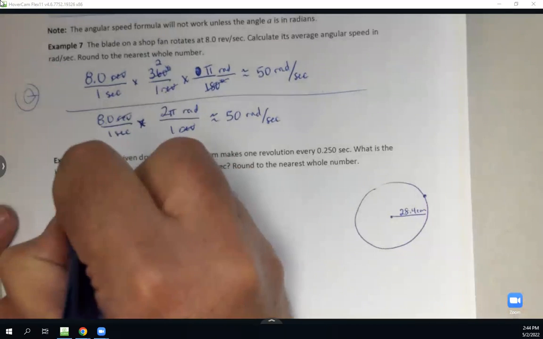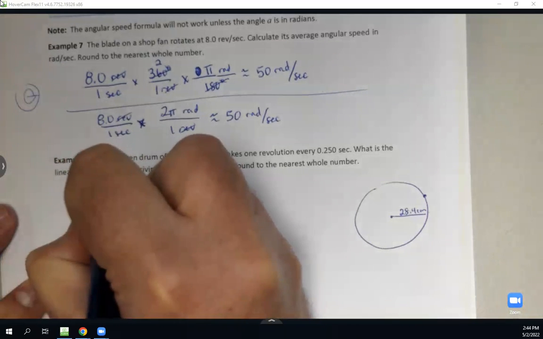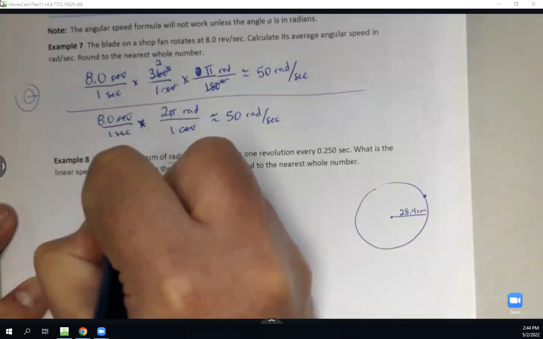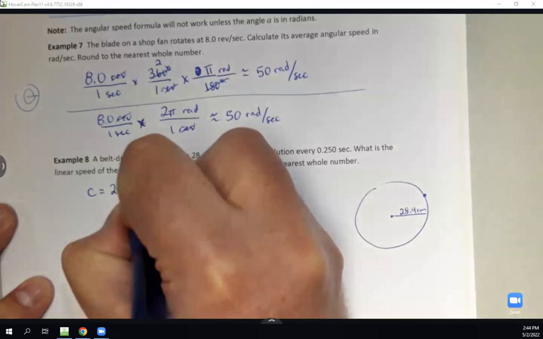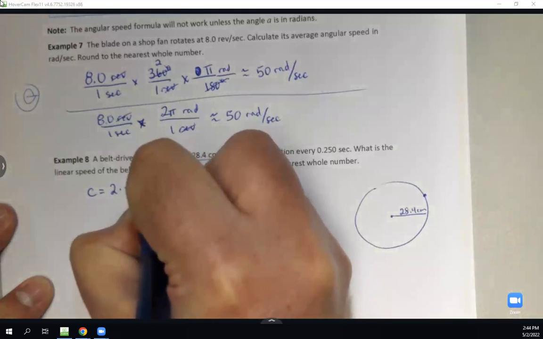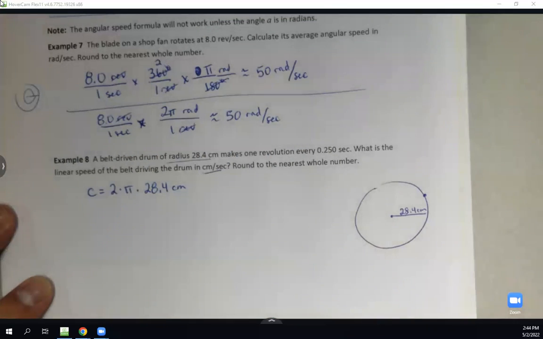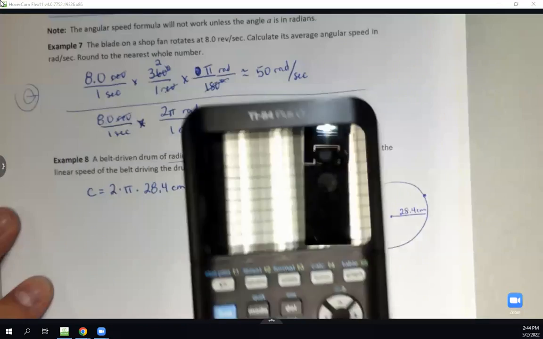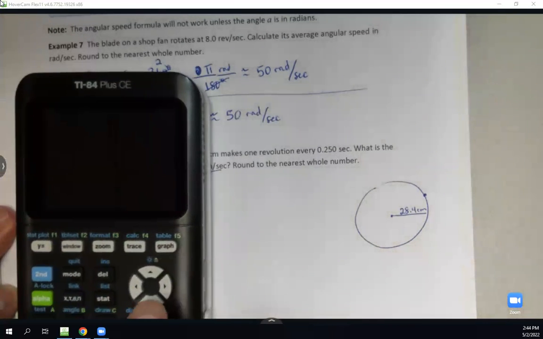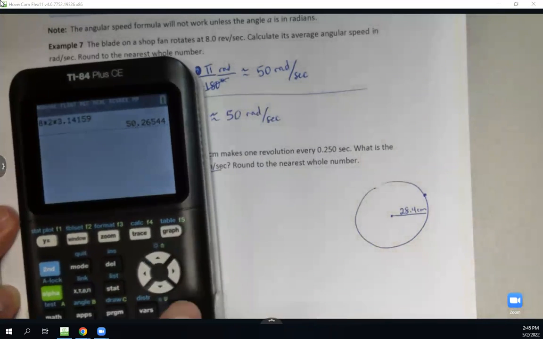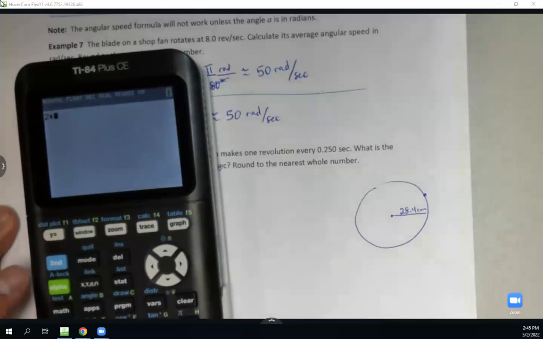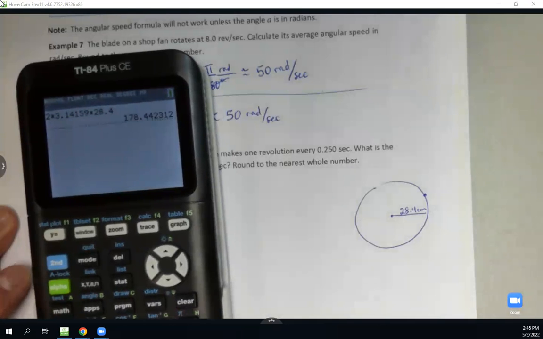So the circumference of the circle is going to be 2 times pi times the radius, which is 28.4 centimeters. So 2 times 3.14159 times 28.4. So that is 178.442312 centimeters.